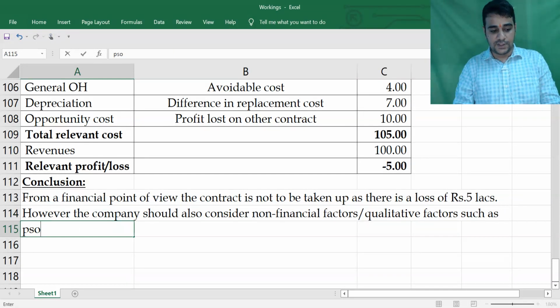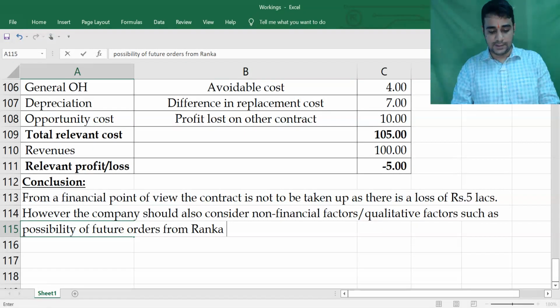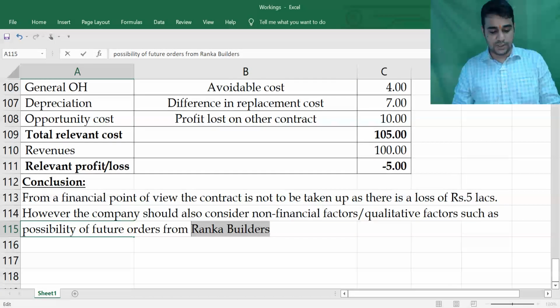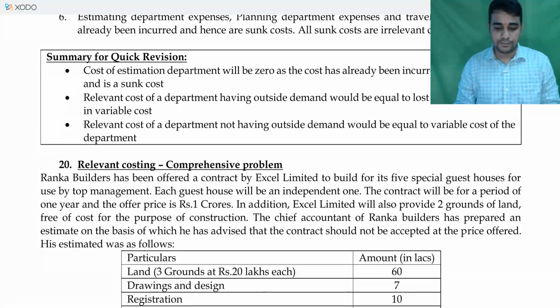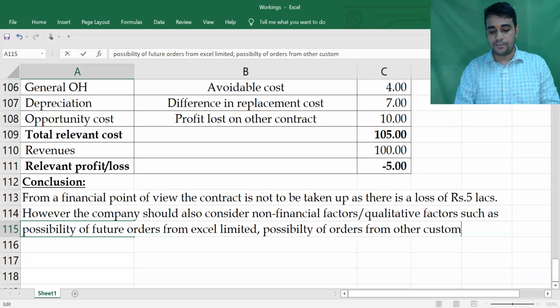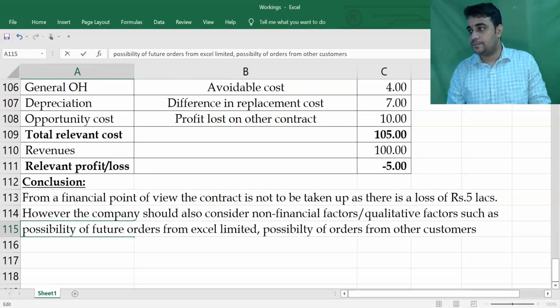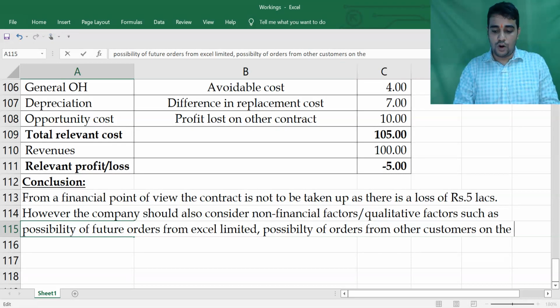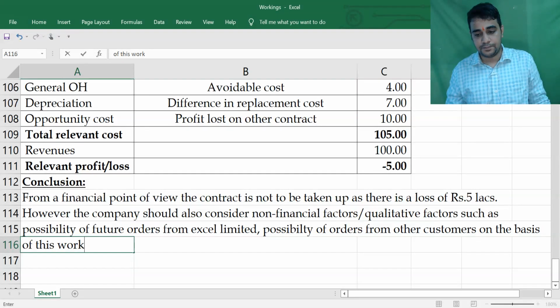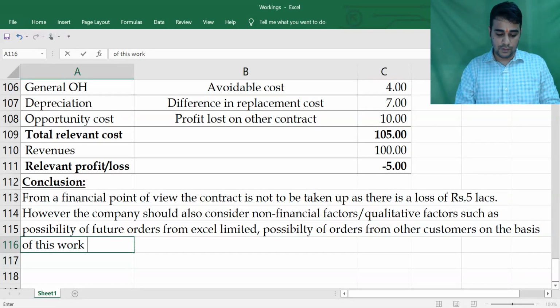as possibility of future orders from Ranka Builders, or I think just a minute, sorry, Excel Limited, future orders from Excel Limited, / possibility of orders from other customers, on the basis of this work, should be considered before taking a final decision.